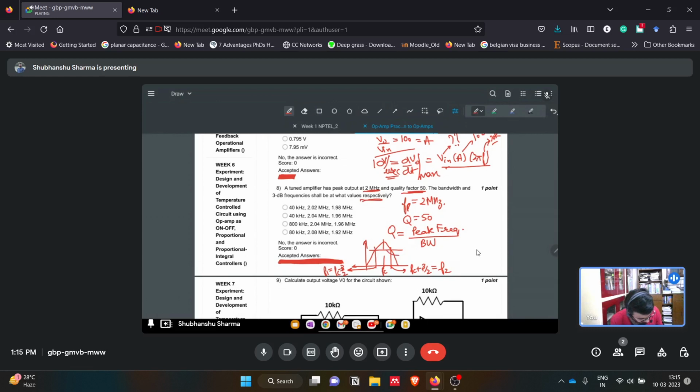So this bandwidth is given by f2 minus f1. Using this also you can solve for the lower and upper 3 dB frequencies, so the f1 and f2 values also.